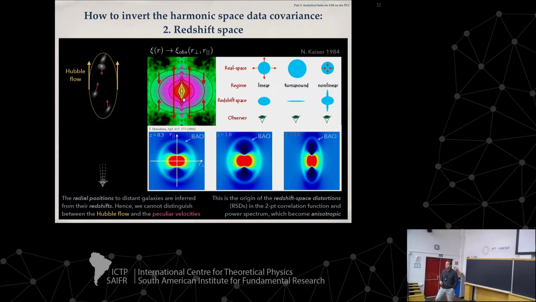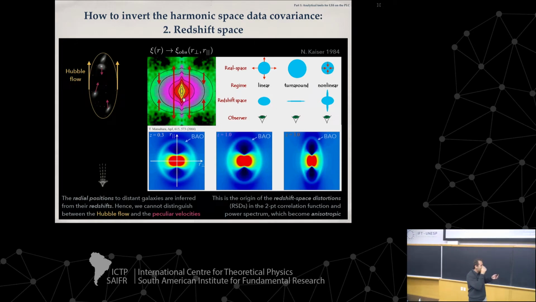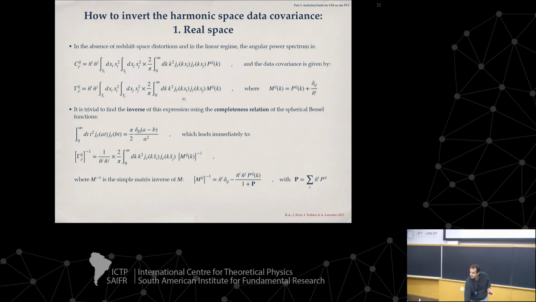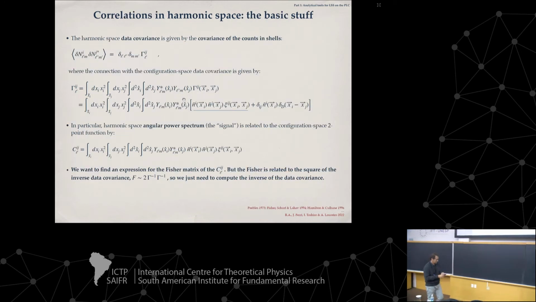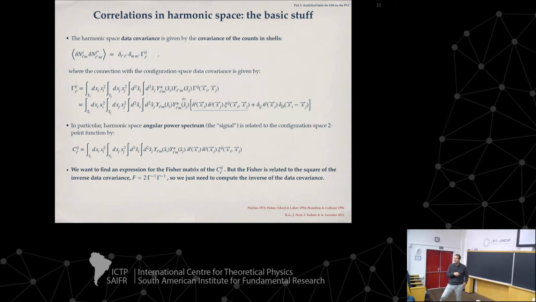Oh, you put the harmonic space data. What do you mean by harmonic space? Harmonic here is spherical harmonics, with lm standing for the angles, basically. So the harmonic basis is both the spherical harmonics in angle and the radial modes, which are the spherical Bessel functions.